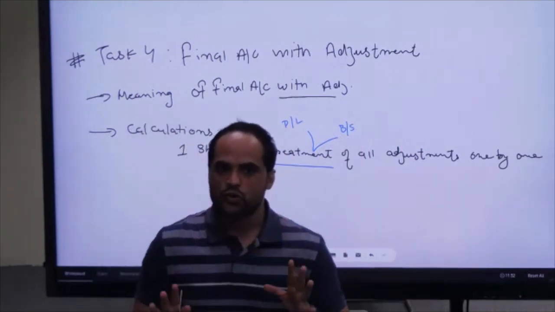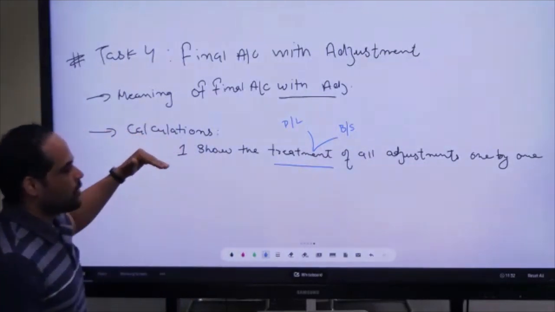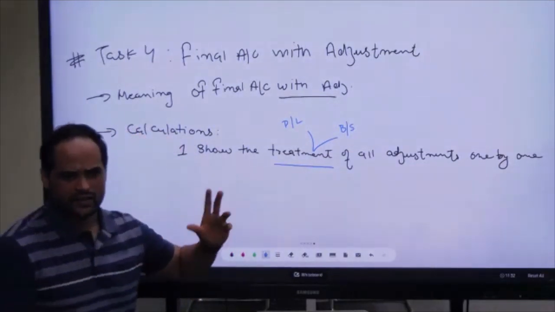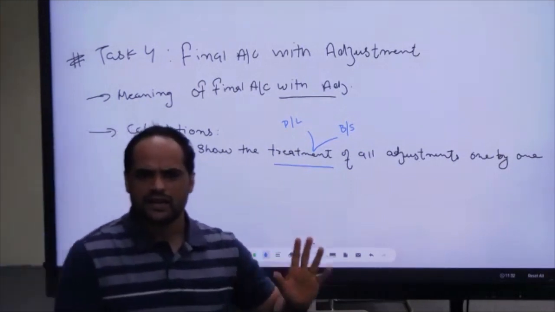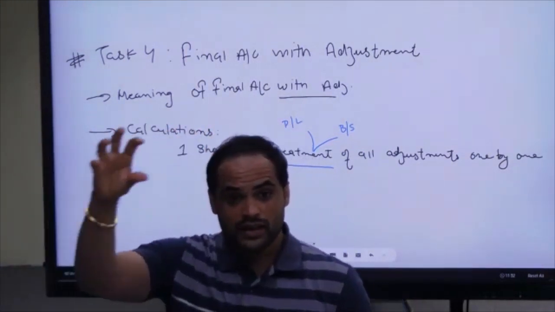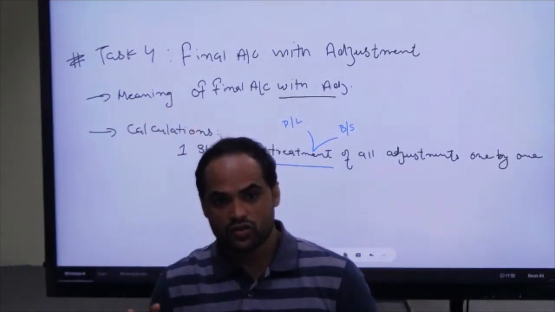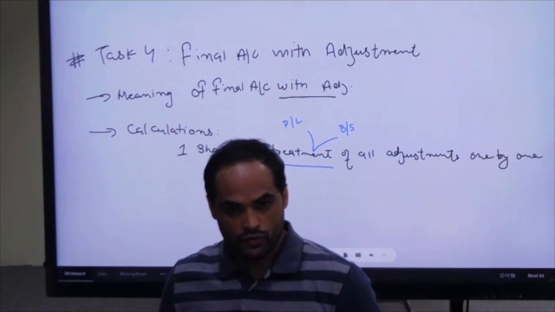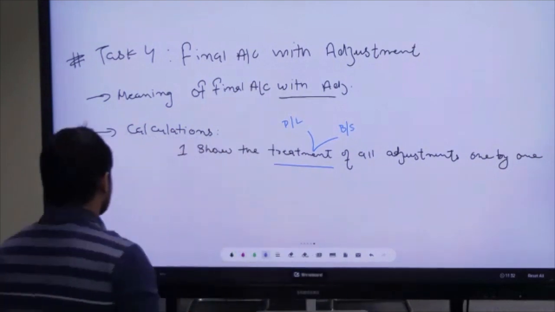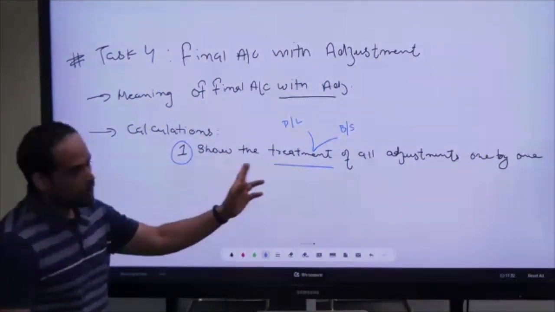You have to show all the adjustments one by one. I think you have 8 adjustments. So adjustment 1, you give the title of the adjustment, and then you show the treatment. Adjustment 2, adjustment 3, adjustment 4, all right? Show all the adjustments.